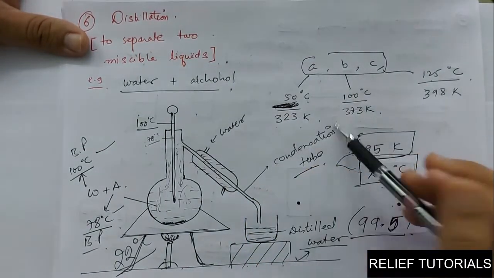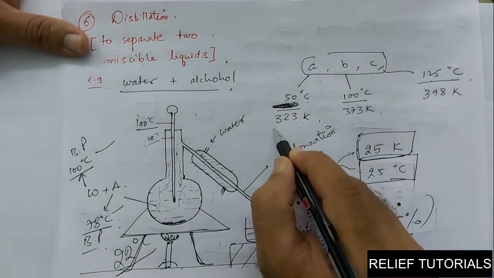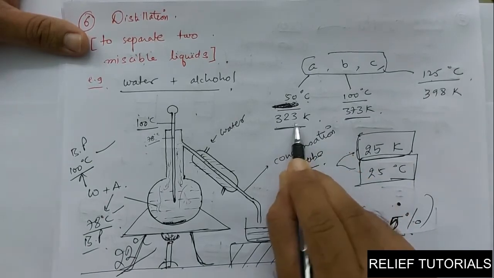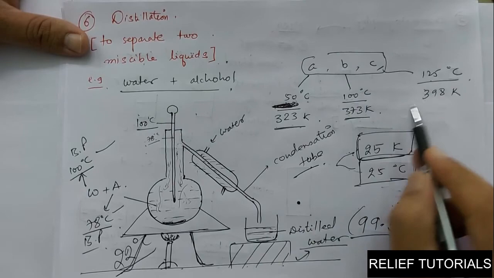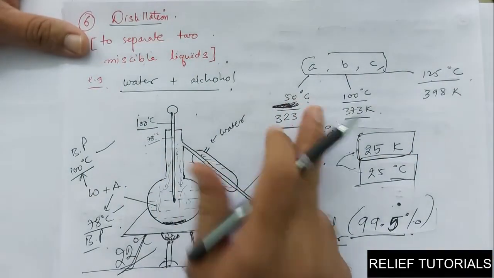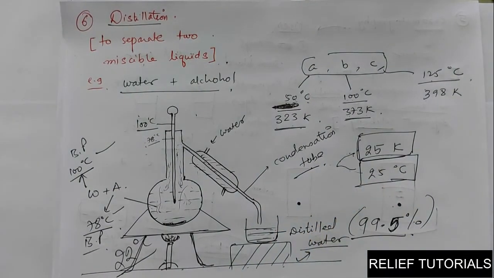It's 50, and the difference here in these two is 25. The same thing you can think for Kelvin. The difference will remain the same. So can you separate these three by the distillation process? Yes, because the boiling point difference is nearly 25 Kelvin or more than that.